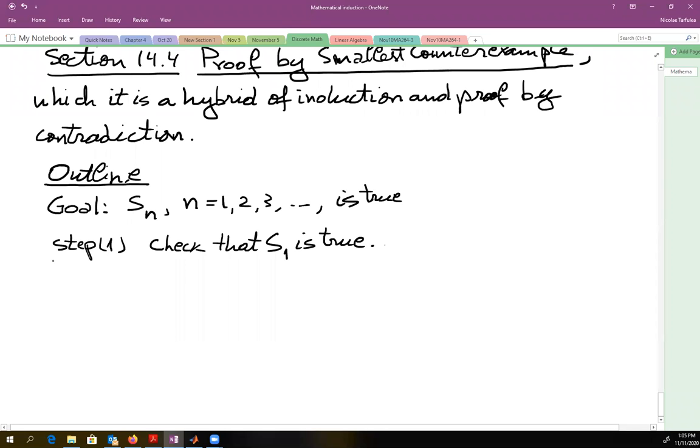It's like in regular induction, so this is kind of the basis step. Step 2. For step 2, we suppose that not every Sn is true. So this is arguing by contradiction.